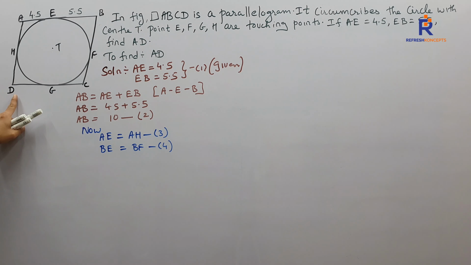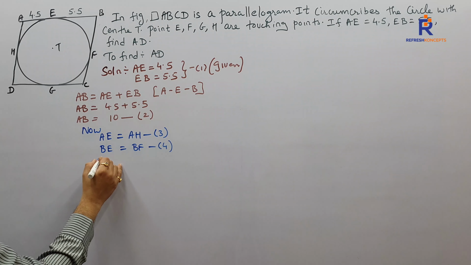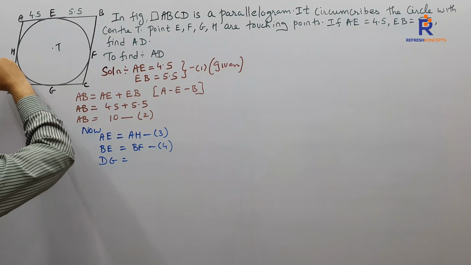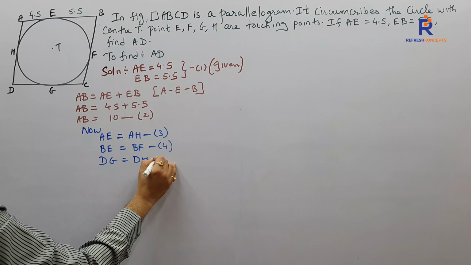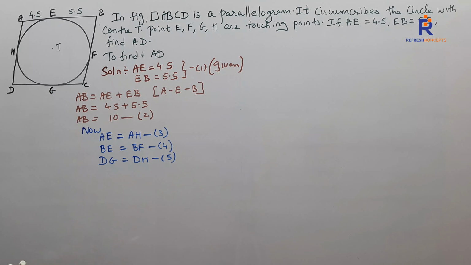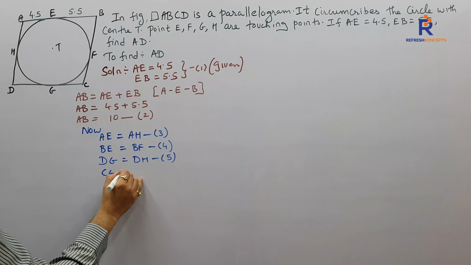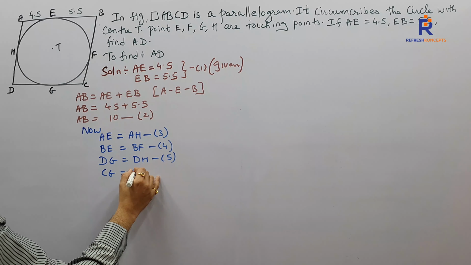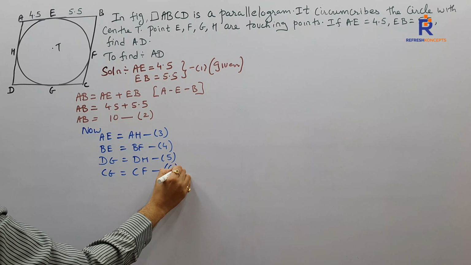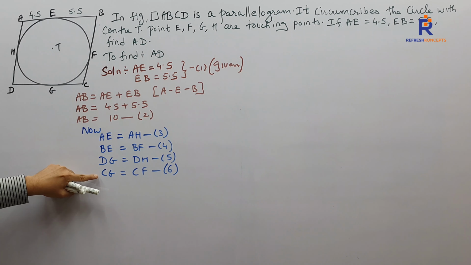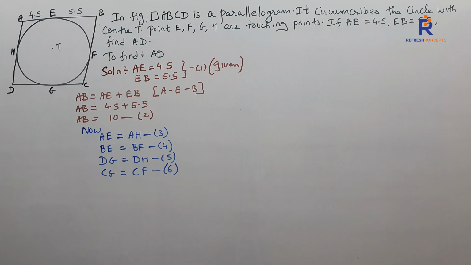Thereafter, DG is equals to DH, equation number 5. And then CG is equals to CF, equation number 6. So with A external point, B external point, D external point and C external point. Right, children?